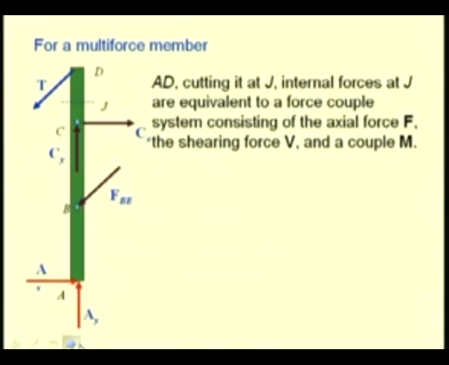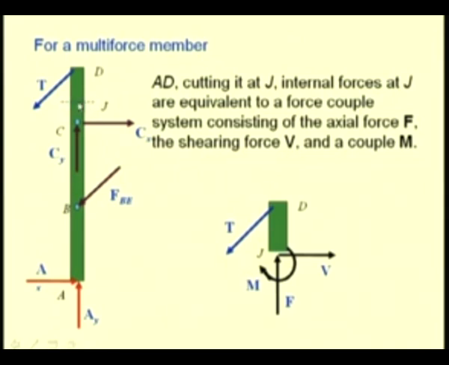So, here we see a multi-force member A, B, C, D, and let us say we are interested to find the internal forces at this section J. So, let us consider the free body diagram of the portion DJ, and we know that the resultant of all these internal forces will be a force and a couple, and that is, the force is represented by its two components V, which is transverse to the section, and F, which is perpendicular to the section, and the moment is M.